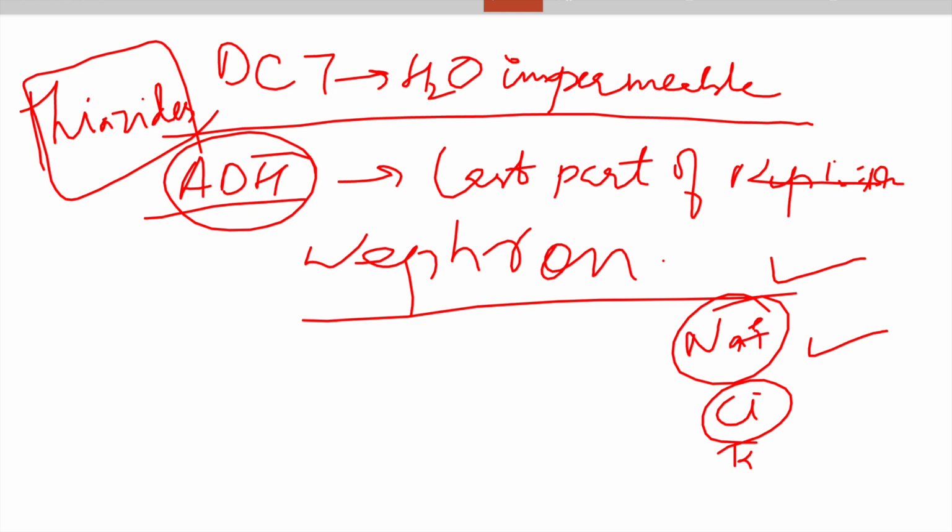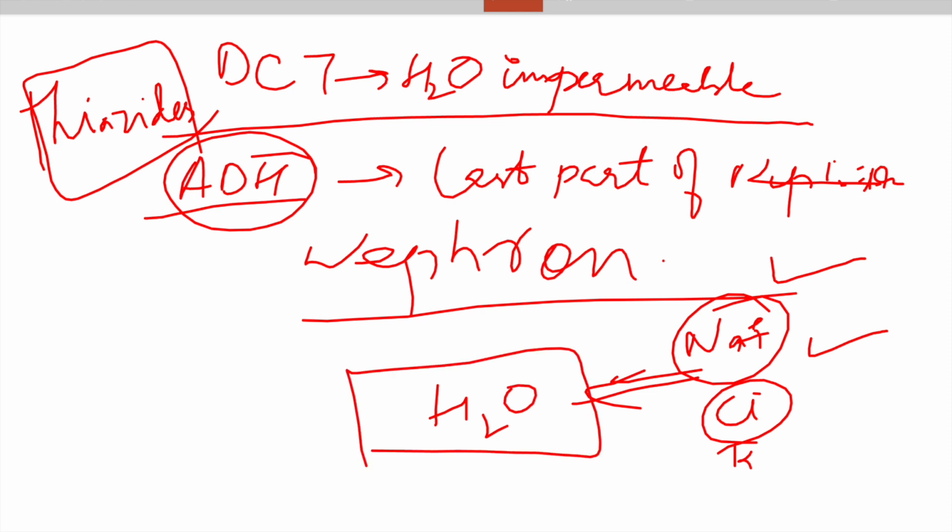Since there is more than normal sodium present in the last part of the nephron, sodium will be followed by water. That is why even if there is presence of anti-diuretic hormone, these thiazide diuretics can still lead to diuresis, although not a strong high ceiling diuretic like loop diuretics.